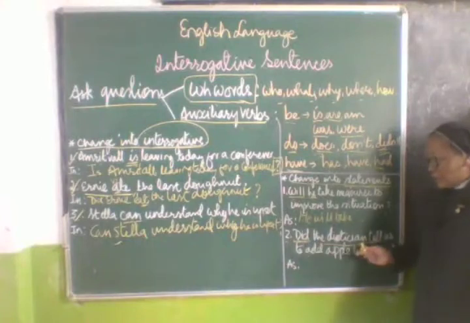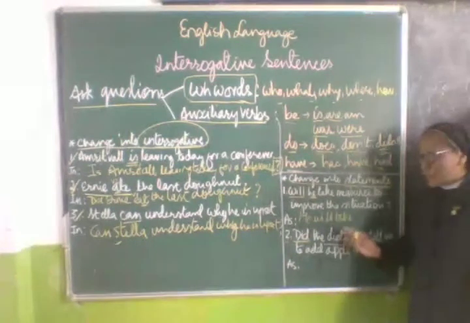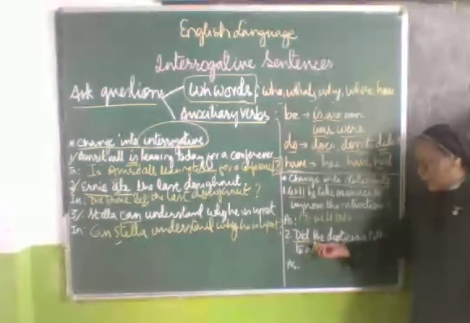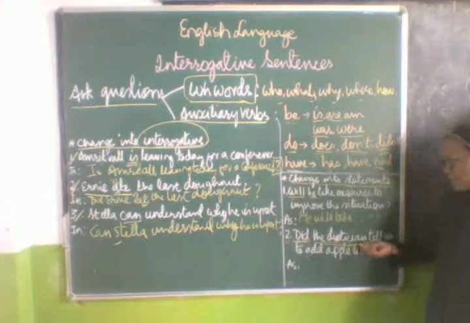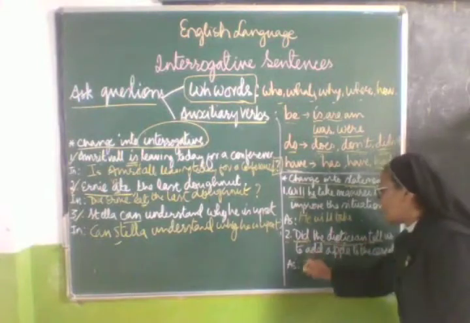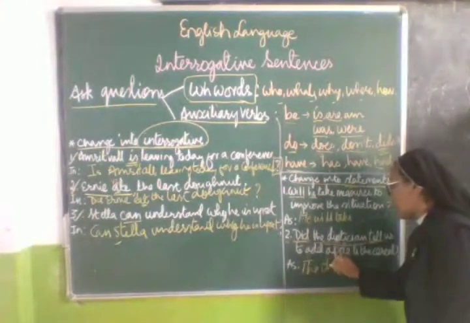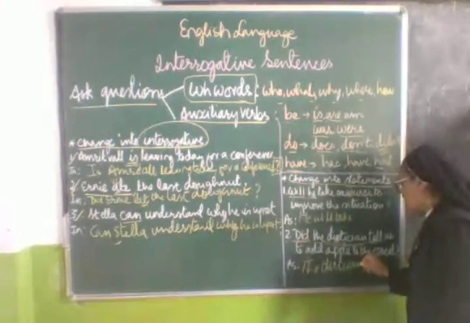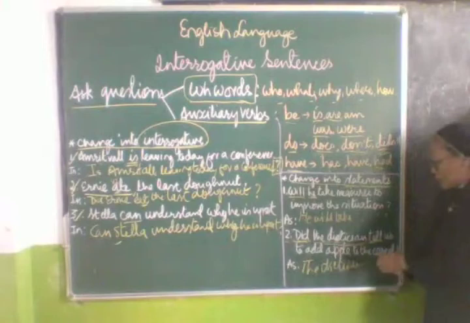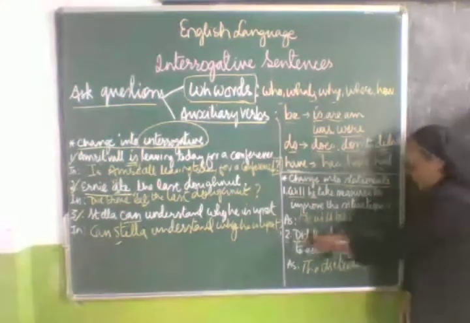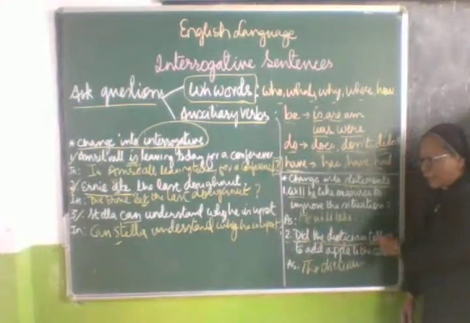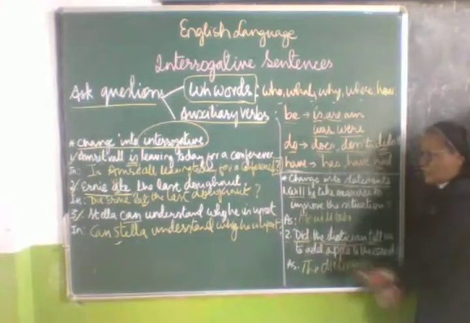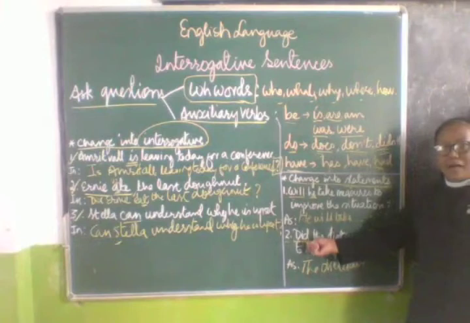Okay, now, so what will I do to make it a statement? So, now I will be using the subject first, the dietitian. Now tell. Did, tell is there. So when I make a question only, I am using did, past form.